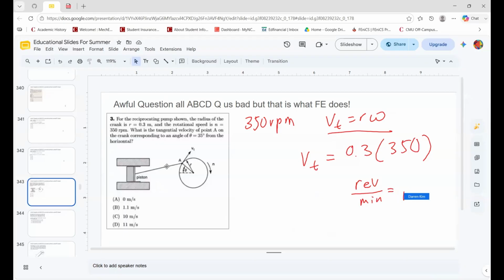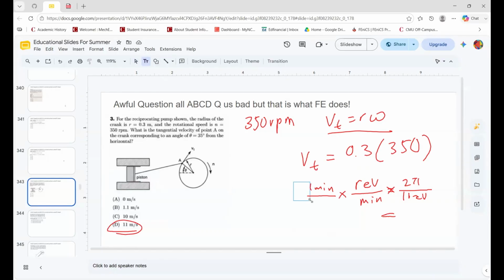So one revolution is 2 pi, and then multiply by 1 minute, which is 60 seconds. Get your calculator out. You can do 2 pi divided by 60, which equals pi over 30. So 0.3 multiplied by 350, multiplied by pi divided by 30, which is about 10.99. So it's D, round up because it's near there.